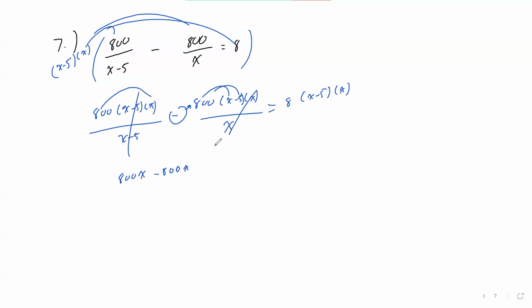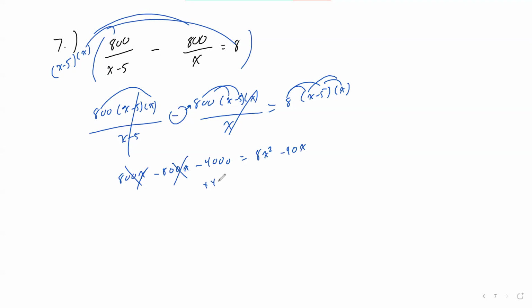And then I want to say that's 4,000. Yep, so that'd give me plus 4,000. And then I'm going to distribute and distribute. So that'd give me 8x squared minus 40x. I'm actually going to combine. Oh, those actually cancel each other out.